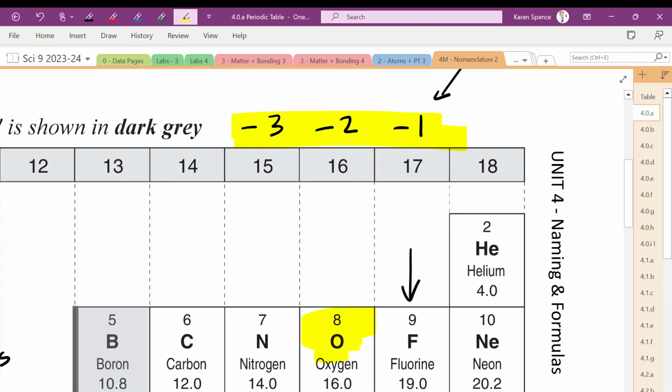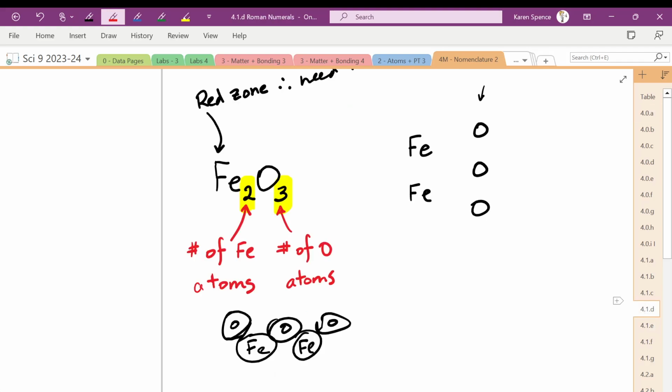I know that oxygen, for example, is -2. Okay? And I always know that oxygen is always -2. Fluorine would always be -1. Nitrogen would always be -3. You can always know the charge of the non-metals. So if I know the charge of the nonmetals, I can write that down. On each oxygen, I'm going to say oxygen is 2 negative, 2 negative, 2 negative. Then we're going to add them up.